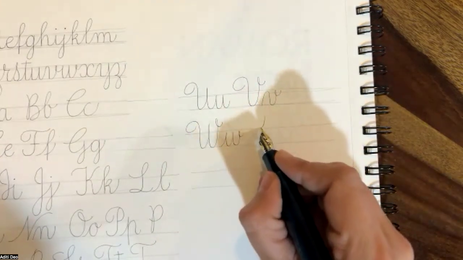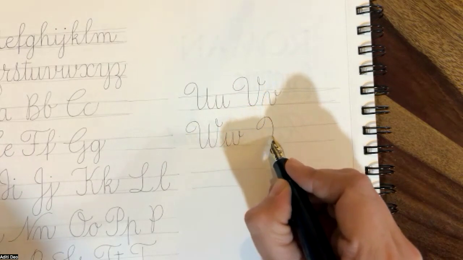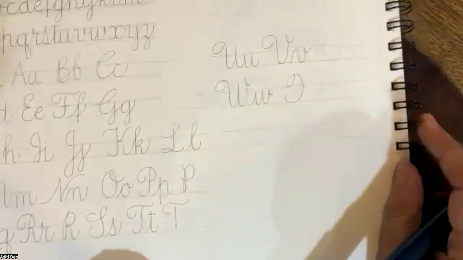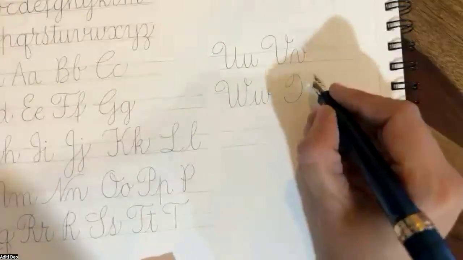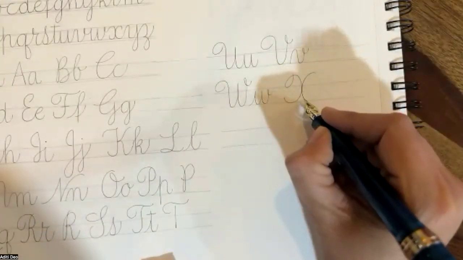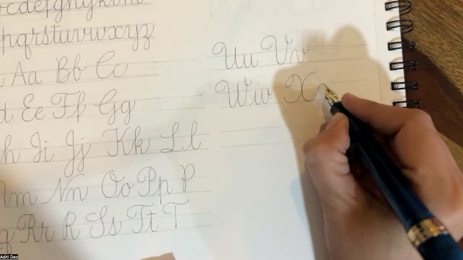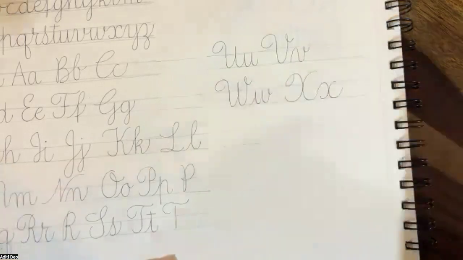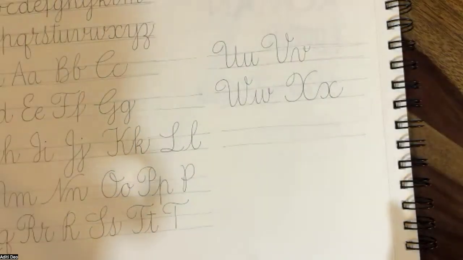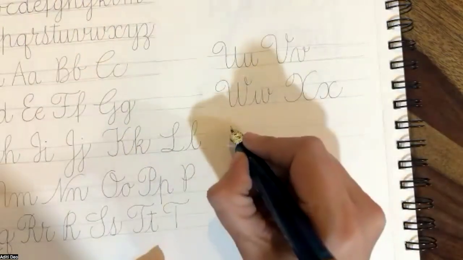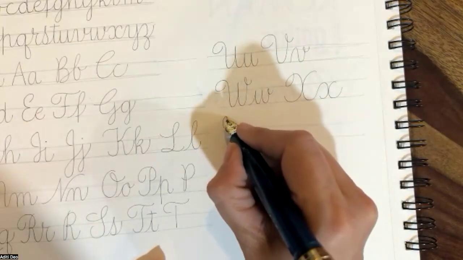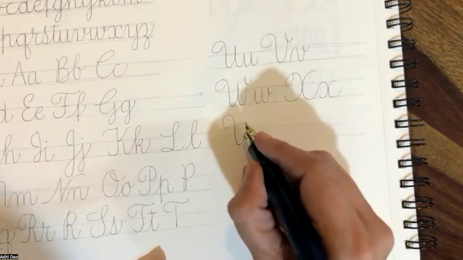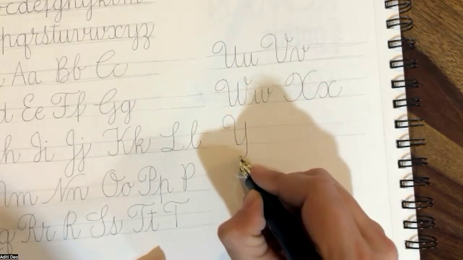Now for the X, you can make a shape like that, which looks half like a Q, and then a C. Yes, Abir? My hand just accidentally pressed. Oh, sorry. Okay. And then you have Y, which is like the U, but instead of going to the right, it goes to the left.